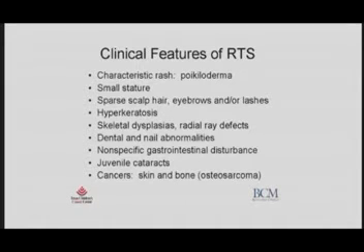The clinical features of Rothmund-Thomson syndrome include a characteristic skin rash, as described by Rothmund and Thomson, which is called poikiloderma, and I'll show a few pictures of that in a moment.